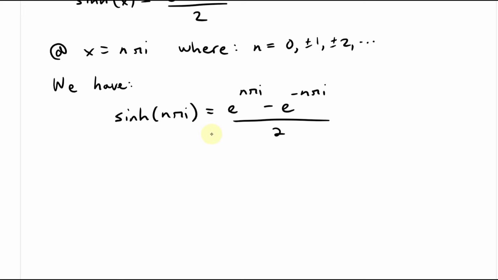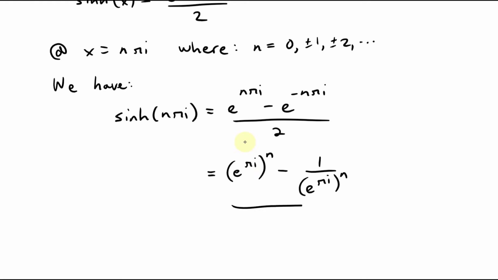Now just using our exponent laws, we can factor out this n. This is the same thing as writing (e to the πi) to the power of n, and then minus, this one here is a negative, so you can move that down and do the exact same thing there. So this becomes minus 1 over (e to the πi) to the power of n, and this is all divided by 2.